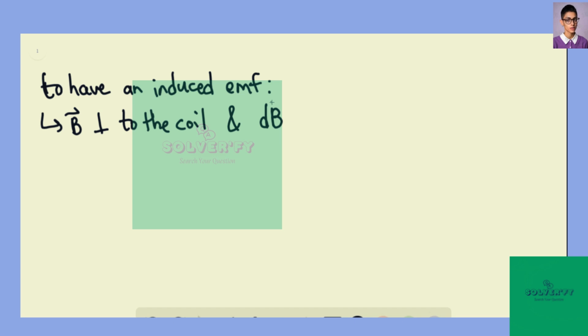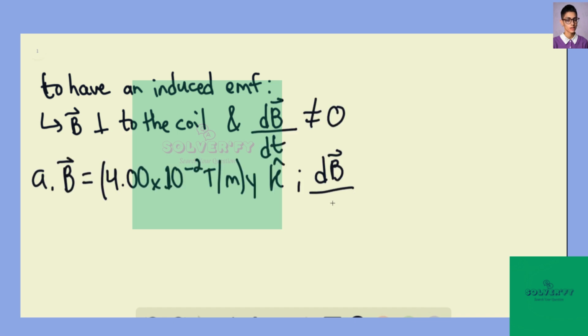For part E, we have a magnetic field in vector notation equaling 8.00 times 10 to the negative second Teslas per meter per second times y times t k hat. The magnetic flux in this case would be equal to 0.400 multiplied by 0.0800 t multiplied by the integral of y dy.